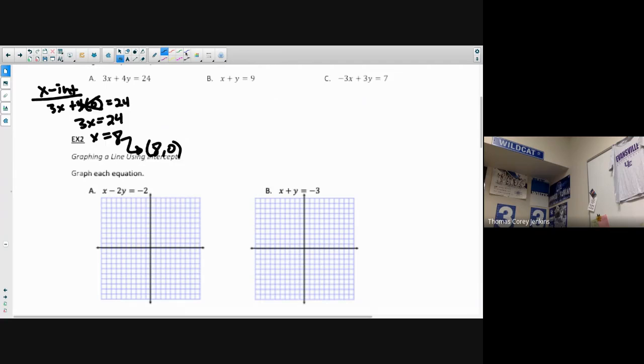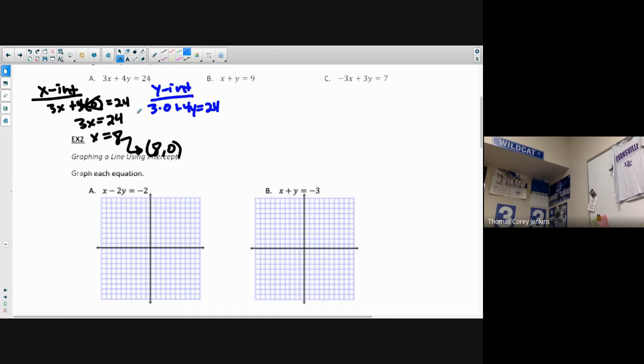Okay, the y-intercept, well, you know one way you could find the y-intercept. You could solve for y and see what your constant is. That would be a way. But with this, the idea is you want to leave it in standard form to be able to find the intercept. So we're going to repeat that same process we just did, but we're going to plug in 0 for x. So that'd be 3 times 0, just going to my original equation, plus 4 times y equals 24.